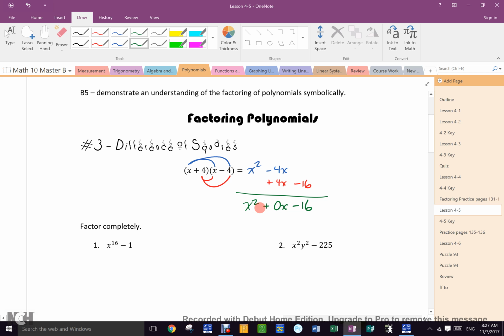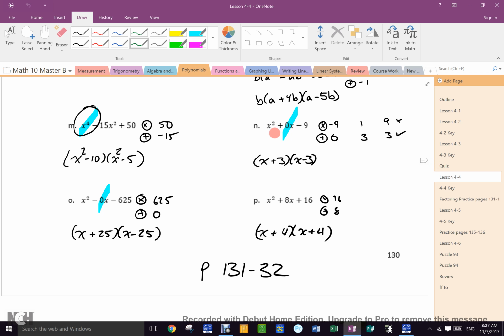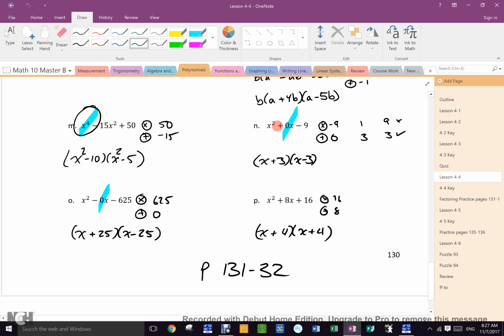But you will notice that that looks a great deal like the last couple of questions from your factoring the last day. You will notice that that 9 and that x squared stayed, but in the middle there was a 0. And when we factored it, we found 3 and negative 3.